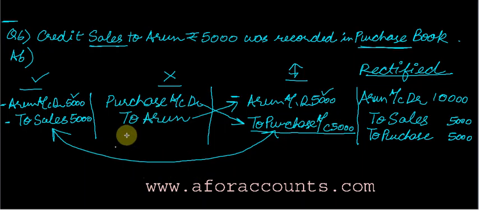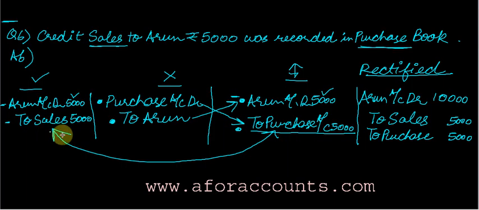I will just recap it. A new type of entry. Credit sales to Arun rupees 5,000 was recorded in purchase book. So first of all, the right entry would have been Arun account debit to sales account, but I had put it in purchase book. So my entry done is purchase account debit to Arun's account. Now I need to reverse it. Arun account debit to purchase.